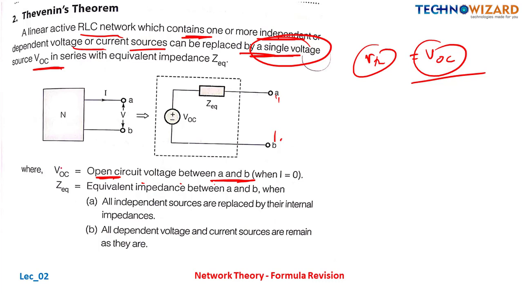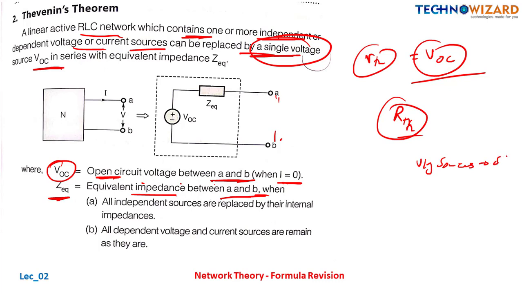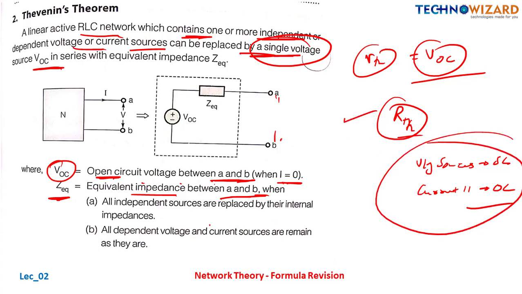What is open circuit? When the current is equal to 0. Now Z equivalent, or you can say RTH, is the Thevenin resistance or Thevenin impedance. It is the equivalent impedance between A and B by considering voltage sources as short circuit and current sources as open circuit. This is how you can calculate the Thevenin resistance.